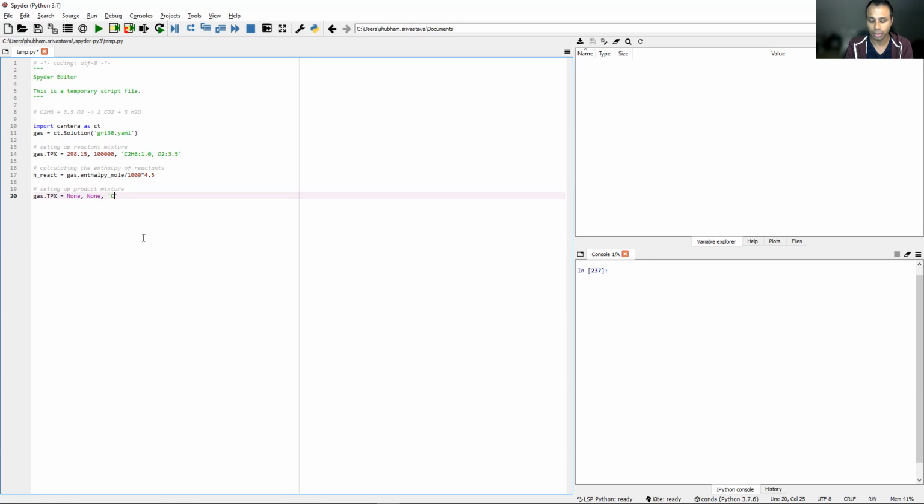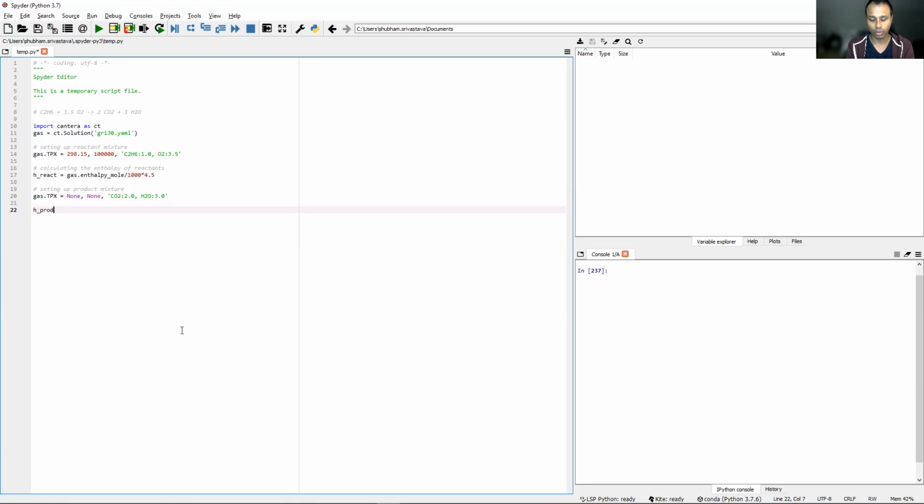So I will write CO2: 2, H2O: 3, right? Okay, and just hit enter. So this is the product composition set.